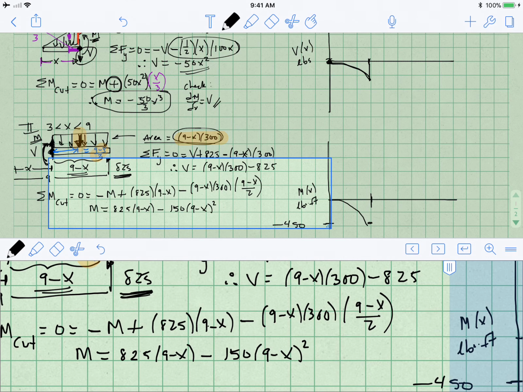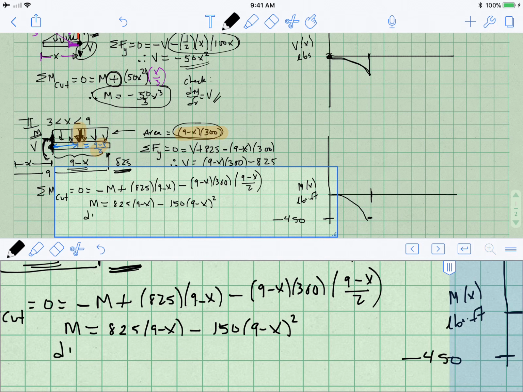So let's check. Let's take our dm dx, and it better match what we found. It should be shear, so what do we get? Well, dm dx, it looks to me like we get minus 825. And then what do we get here? 2 times 150 is 300x. And I believe that's positive, because we have the derivative of minus x, which is minus 1, and that counteracts the other negative 1.